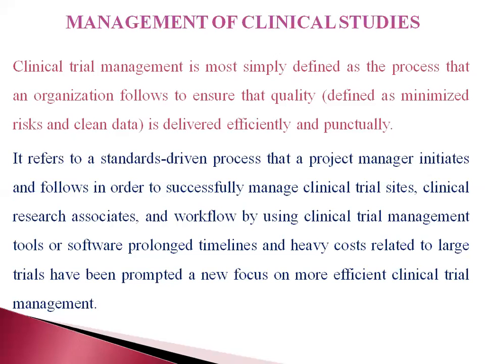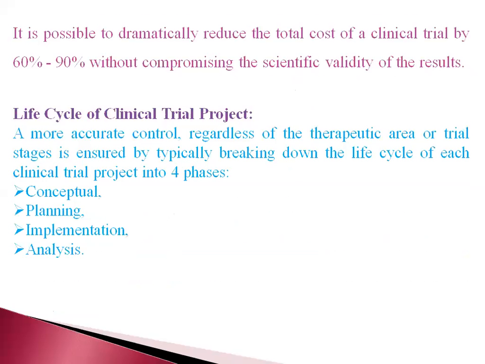So we need to have a programmed way, we need to go efficiently, we should categorize the work. For that, clinical trial management is most important because we need to complete the project within the timeline. If it is not, we need to check what type of issues are there, we need to prevent such issues and complete the project as per the given timeline.